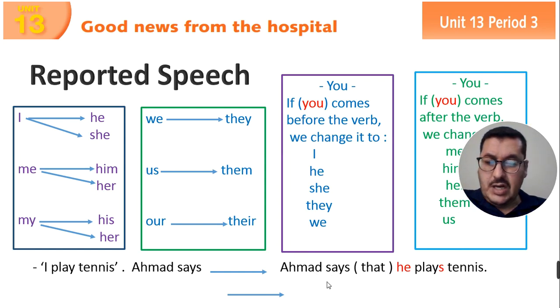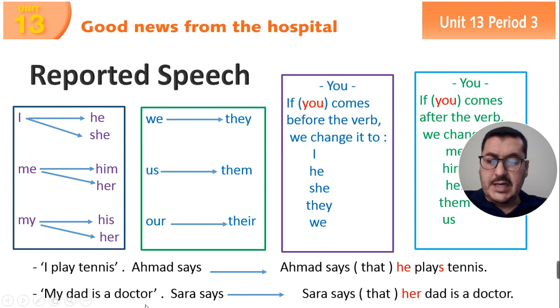So we change I to he, and we change play, we add s, because if we have he and she and it, we put s with the verb. Okay, this, that, is optional. You can put it and you can cross it out, no problem. Another example: "My dad is a doctor," Sarah says. Sarah says that her dad is a doctor.